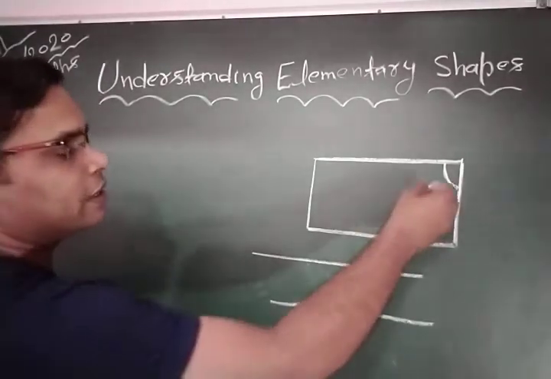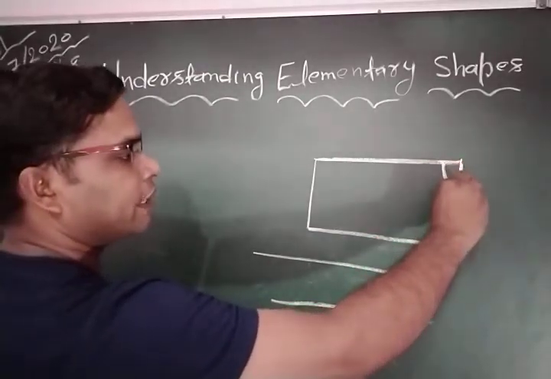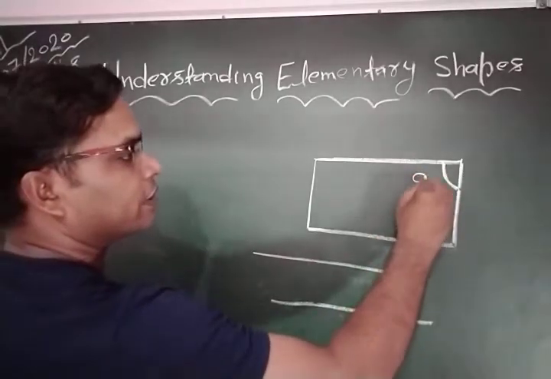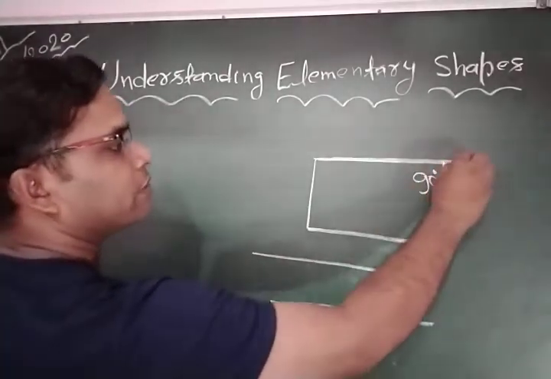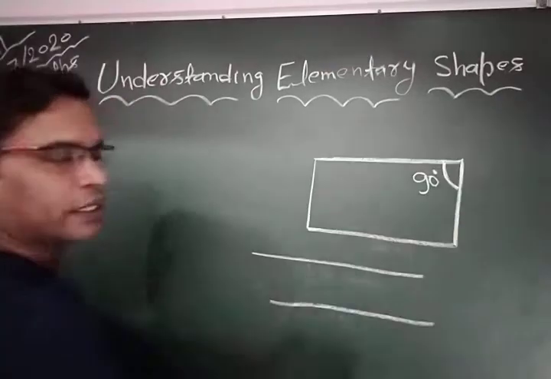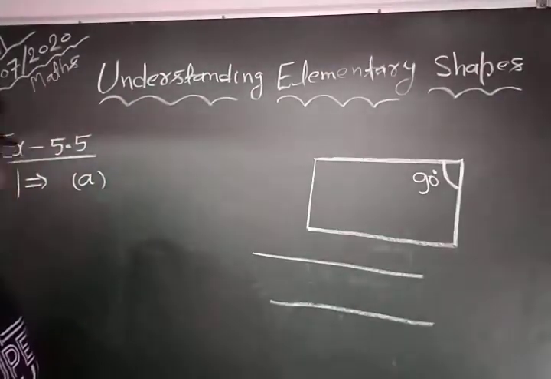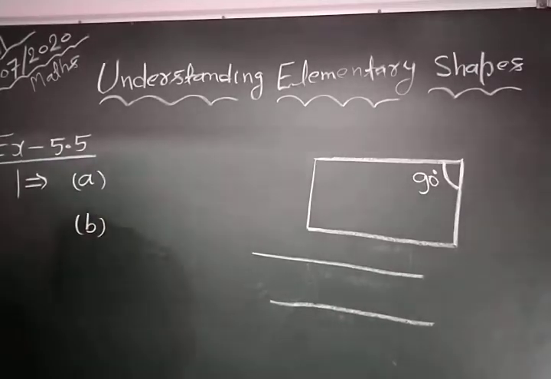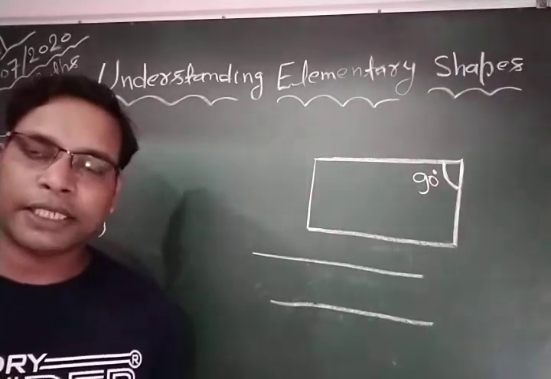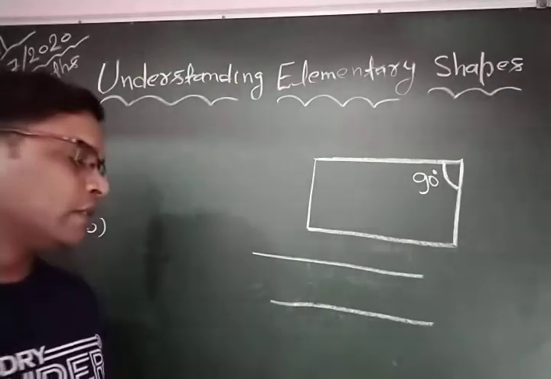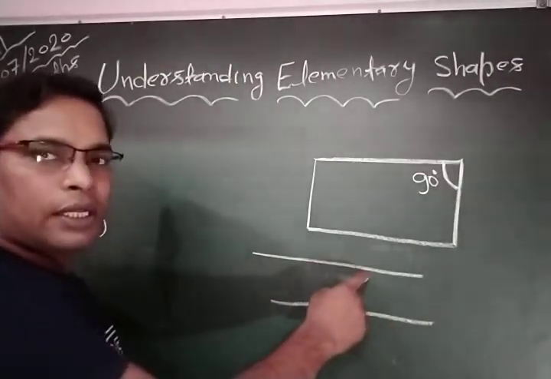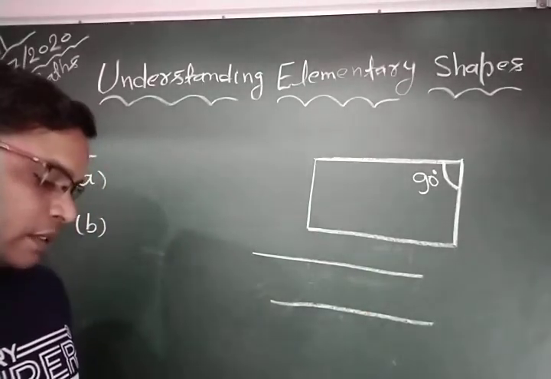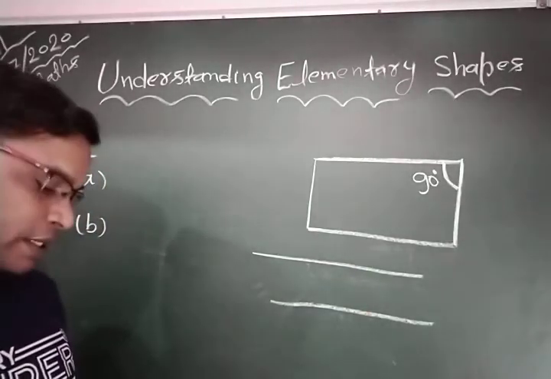But in the case of the tabletop, the edges are perpendicular to each other because the angle between them is a right angle, or you can say 90 degrees. So B part, the railway tracks are not perpendicular. Railway tracks are parallel to each other.